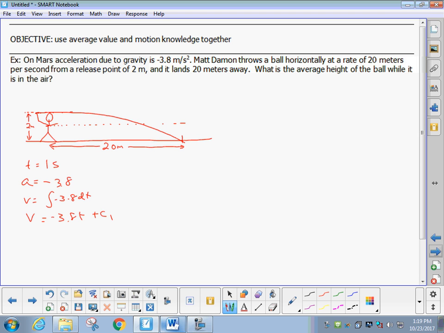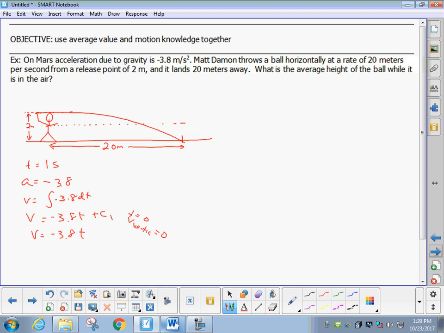Why is it 0? I thought it was going 20 meters per second. Horizontally. Vertically, at time 0, the velocity is 0. I give it no vertical velocity component. All vertical movement is only due to gravity. So negative 3.8 t, and the initial constant is 0.